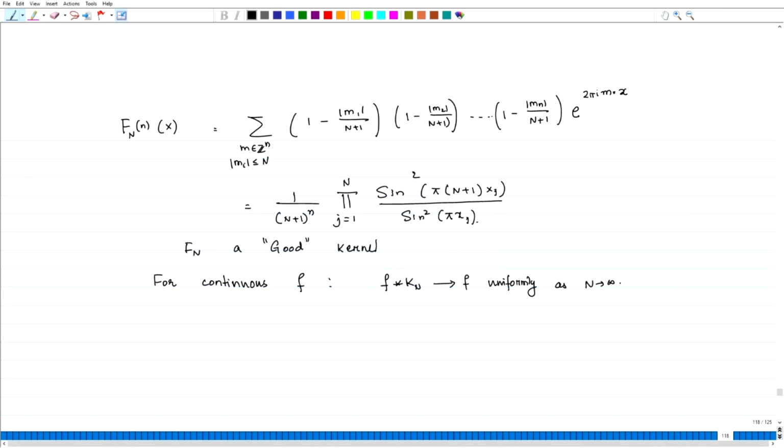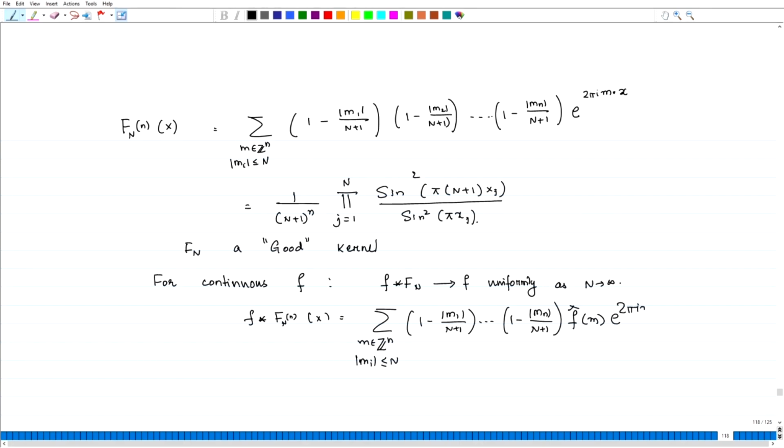As you can see, f convolution with the Fejer kernel is nothing but a polynomial, and so f convolution of F_n, with n dependency of x, is going to be the summation over m in Z^n with |m_i| less than or equal to n, and then (1 minus |m_1| by n plus 1) up to (1 minus |m_n| by n plus 1), f hat of m, and e to the power 2 pi i m dot x.